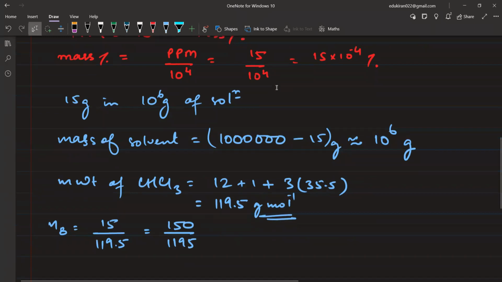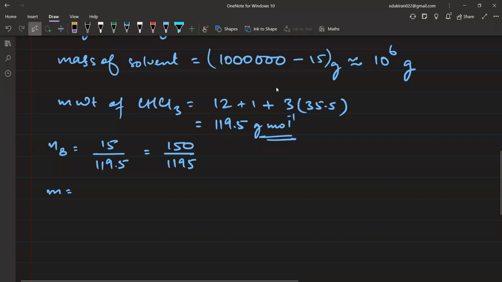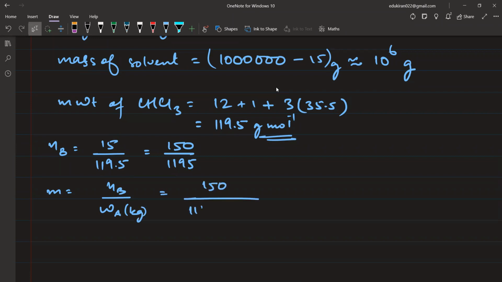Now you have got the number of moles. Molality will be equal to number of moles divided by the mass of solvent in kg. Okay, so this is equal to 150 upon 1195 into 10 to the power 6 divided by, this was in grams, divided by 1000. 1000 से फिर कर दीजिए तो 0 चला जाएगा. Okay, so you have into 1000.